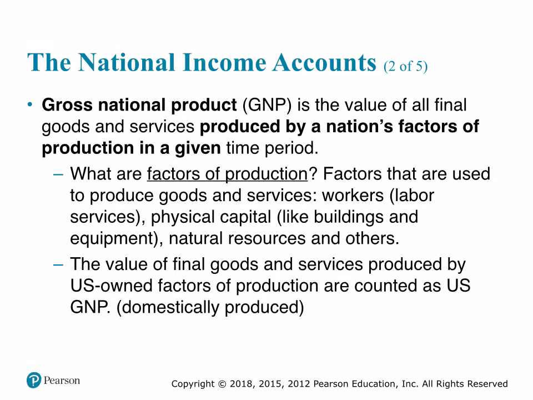In other words, in simple terms, land, labor, and capital are factors of production. When we talk about factors of production, we're talking about three major variables: land, labor, and capital.